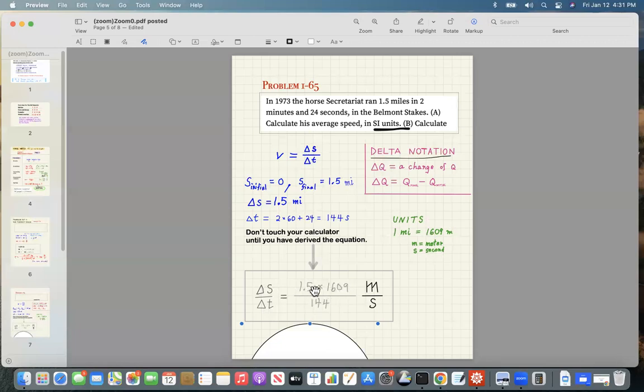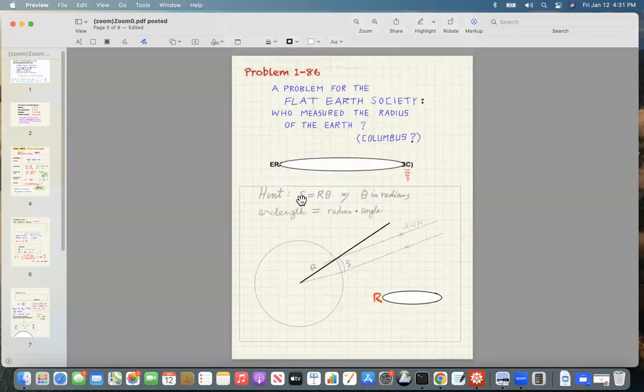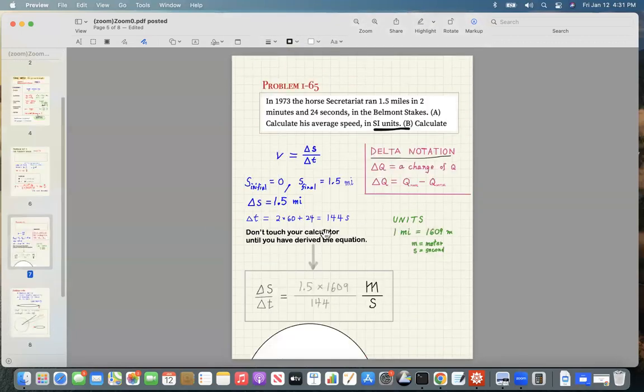Well, okay, here is where you pick up your calculator, but not until you've got this equation written down in your notebook so that you can see what you're going to calculate. So you're going to calculate 1.5 times 1609. So that's more or less 1600 plus 800, so more or less 2400, divided by 144.